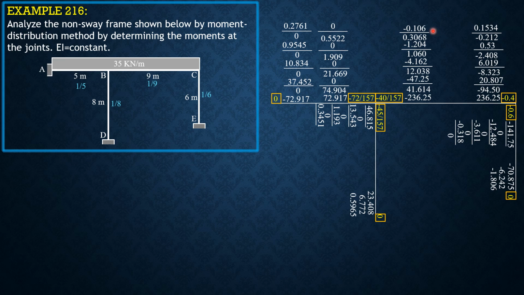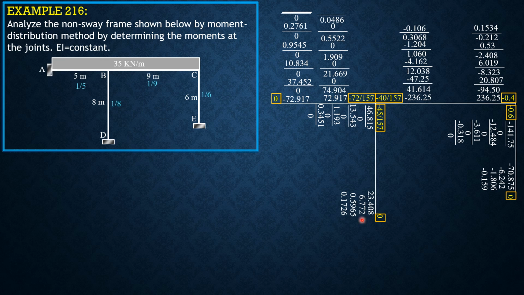So negative 0.106 times negative 72 over 157 is 0.0486. We lock it finally. Replace negative 72 by negative 40, put the value here, then lock finally. Replace, so negative 0.106 times negative 45 over 157, put the value here, 0.0304, then lock finally. 0.1534 times negative 0.4, negative 0.0614, lock it finally, times negative 0.6, put the value here, negative 0.092, lock it finally.